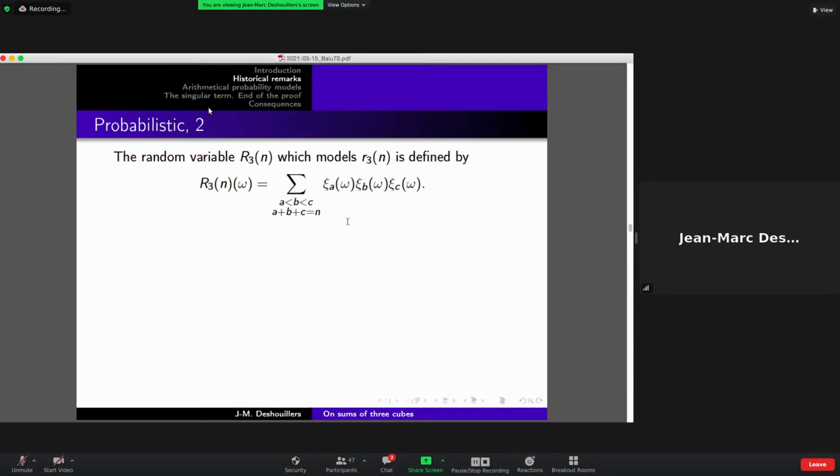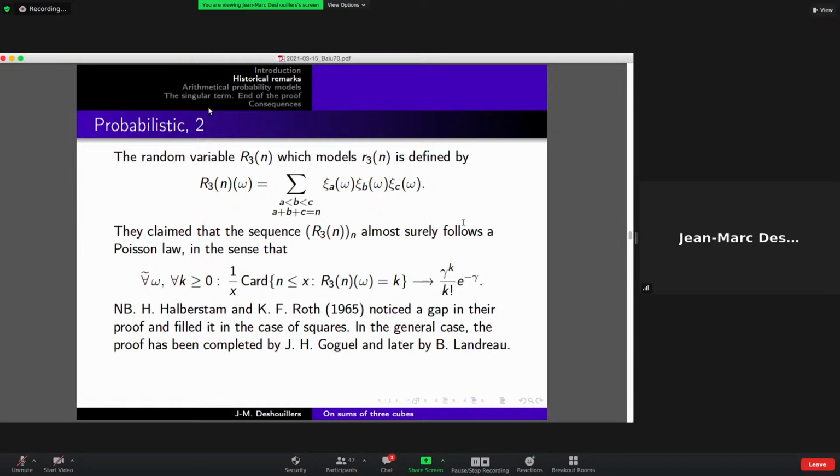And so the product is 1, otherwise one of them is not a pseudo cube, then one value will be 0. So this is nice for expressing this random. And so what they did, they claimed that the sequence R cube of n almost surely follows a Poisson law, exactly what we were expecting in some way, and it is almost surely true in the random model.